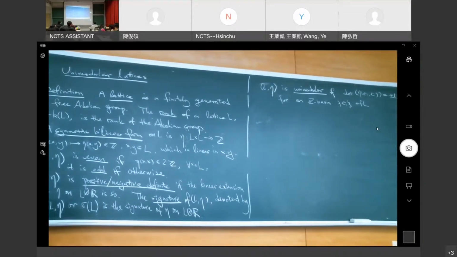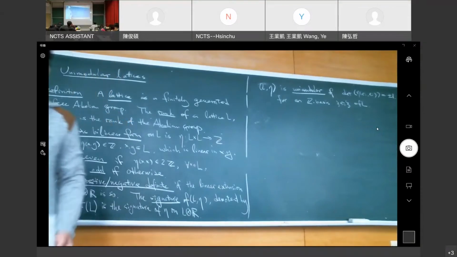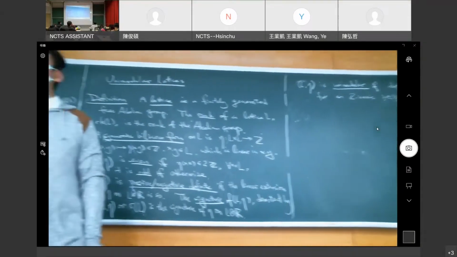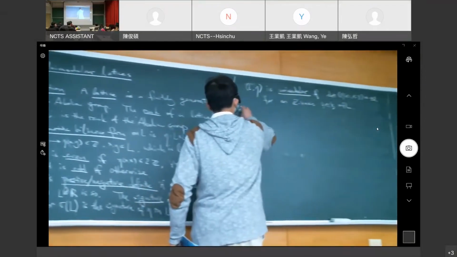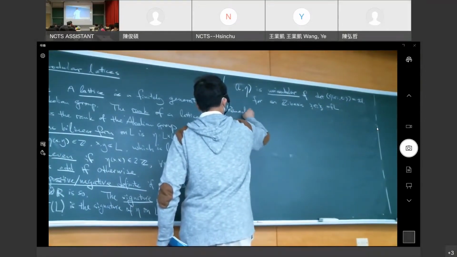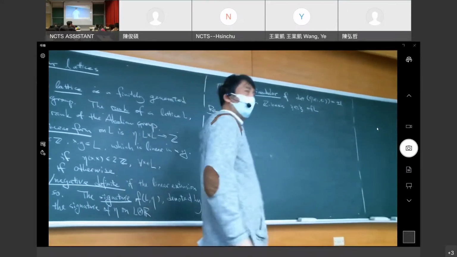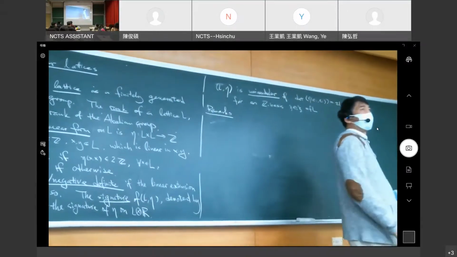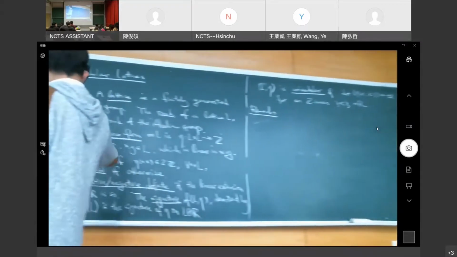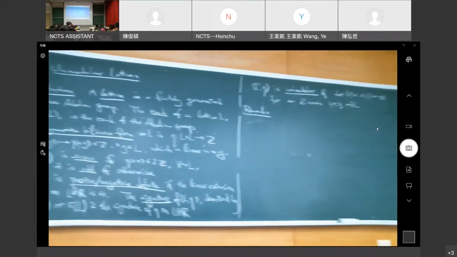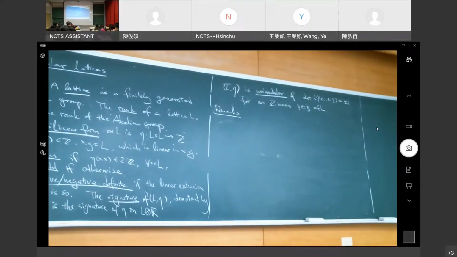And I'm going to end up with some, again, rather elementary remarks on lattices and bilinear forms, and then we'll break before I go to the physics part.